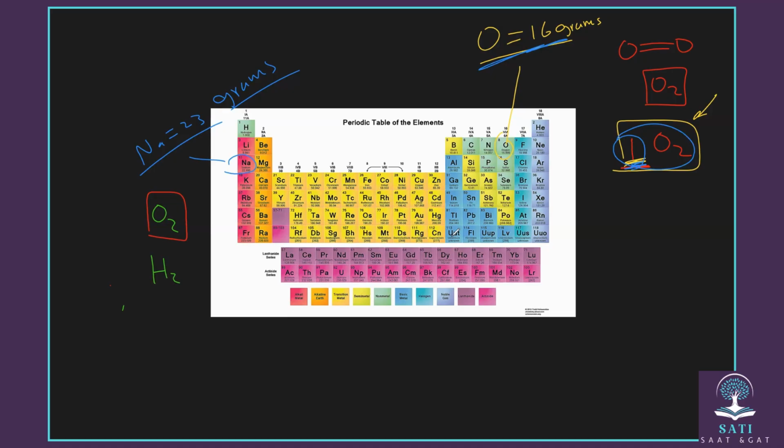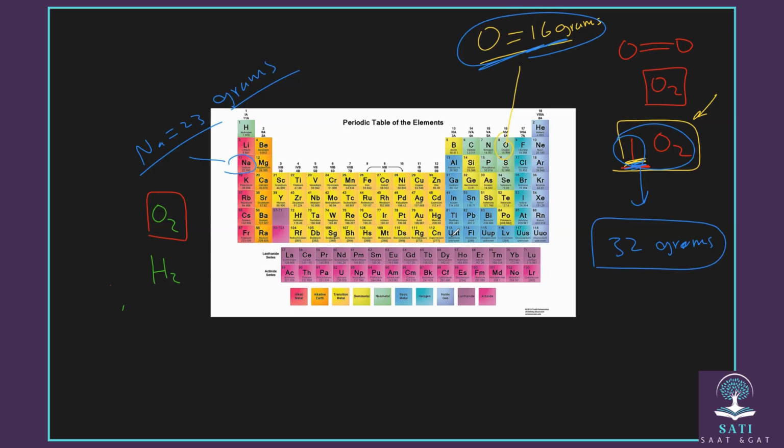In this case, you need to multiply this number by 2. So you say the molar mass of this one is 32 grams, as molar mass per oxygen molecule.